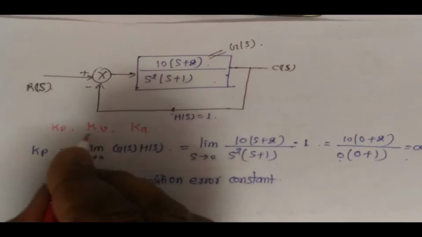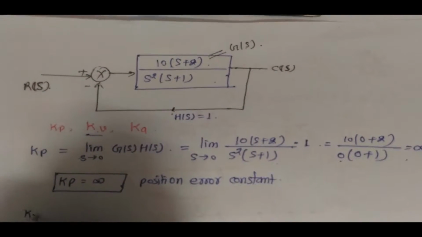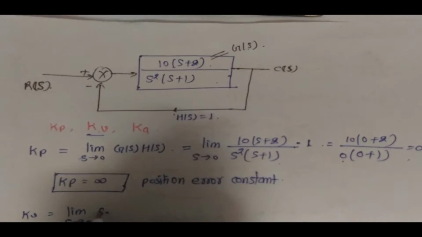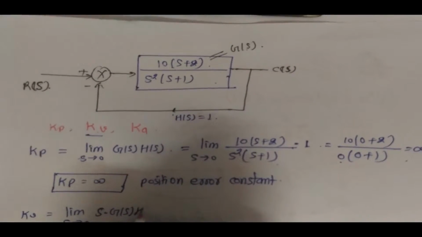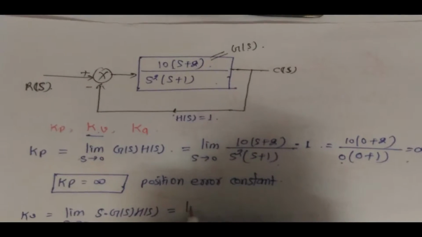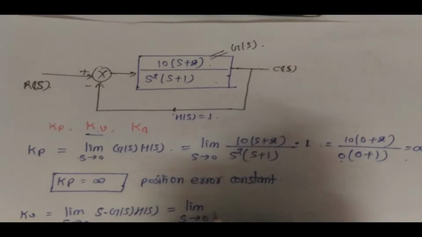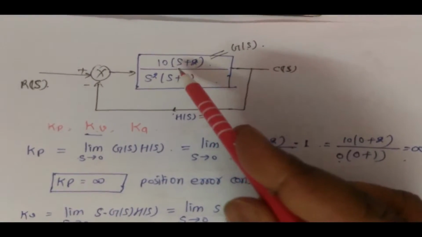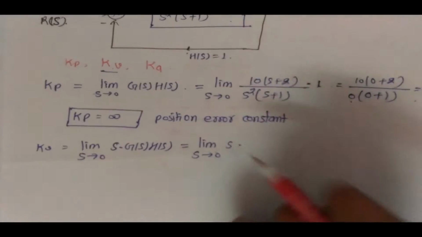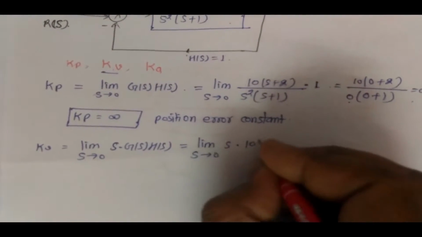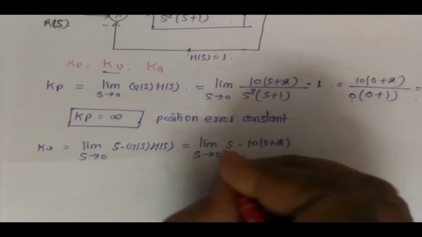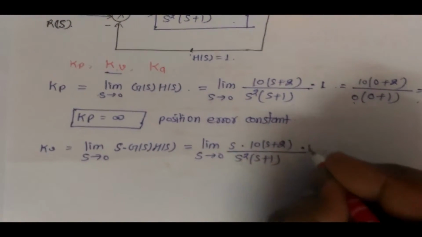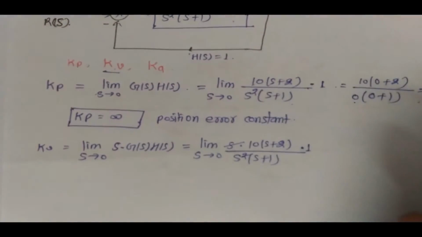Next we have to find the value of Kv. We know that Kv is equal to limit s tends to 0 of s into G(s)H(s). The same concept applies. G(s) is 10(s+2) divided by s²(s+1), and H(s) is equal to 1, so 1 is cancelled.